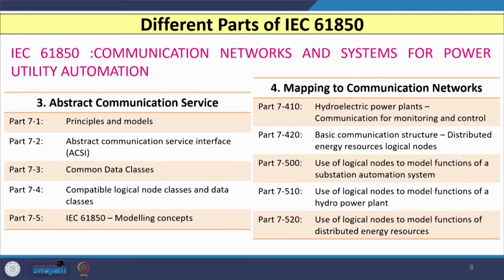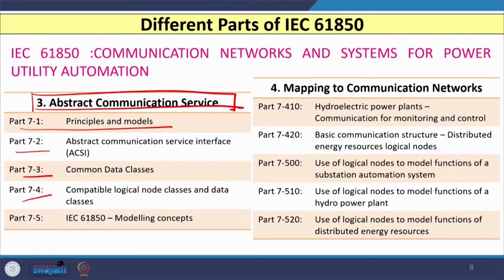The third block is the abstract communication service block. In this block, part 7 is divided into several subparts. In part 7-1, principles and models are discussed. In part 7-2, the abstract communication service interface, that is ACSI, is discussed. In part 7-3, common data classes are discussed.